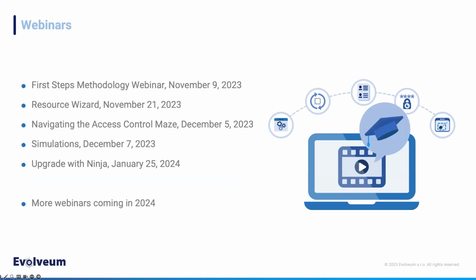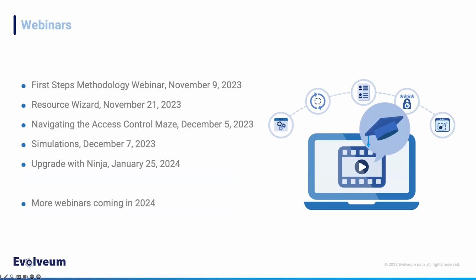We also plan a bunch of webinars after today's What's New webinar. Next week, there will be the First Steps Methodology webinar introducing the new simplified MidPoint deployment methodology. Then on November 21st, the Resource Wizard will be shown in action in more depth.